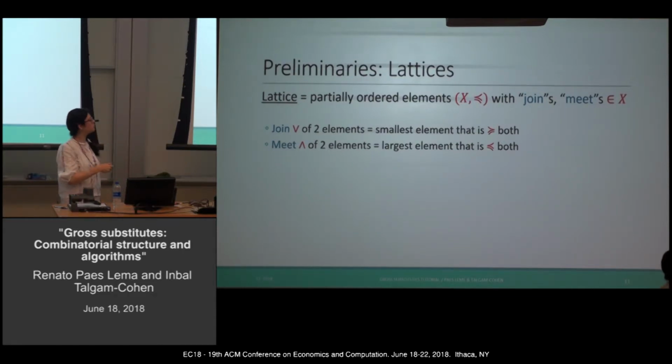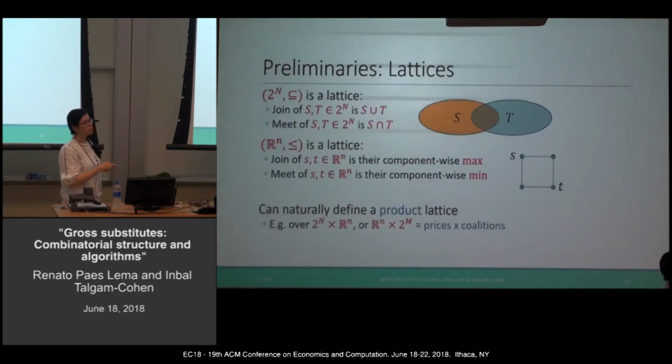Let's see a few examples. So the first example is taking all subsets of an item set N, ordered by just looking at two sets and seeing whether they contain one another. And so if you have two sets, their join is just their union, their meet is their intersection, and both of these are within the original set.